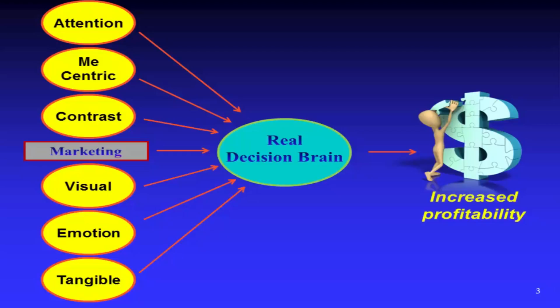It understands that the brain you're going to target in your marketing is me-centric. It requires contrast. It's very visual in nature. It's very bound to emotions, but those are primal survival emotions that are so much more powerful. And it wants to see tangible outcomes. When you point all of that to the real decision brain, then you're going to get increased profitability.